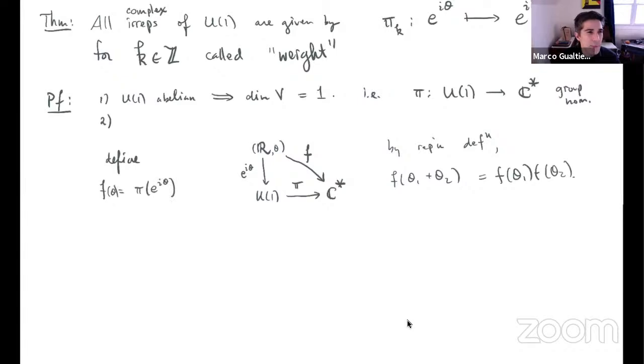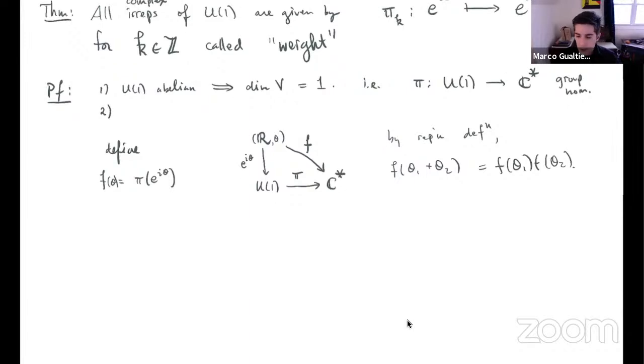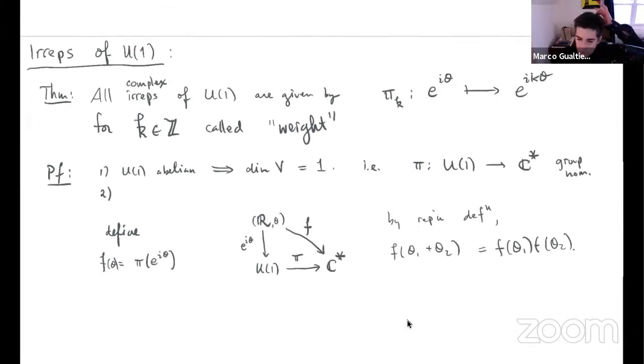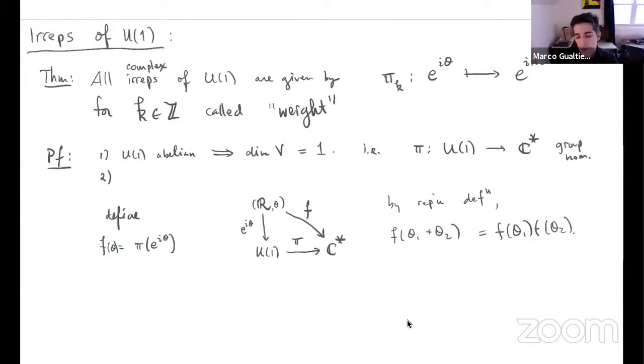Okay, so we're just being a little bit pedantic about the way that we describe the circle, but bear with me. I'm going to use something now which I'm going to gloss over a little bit, and that is that these representations are smooth.